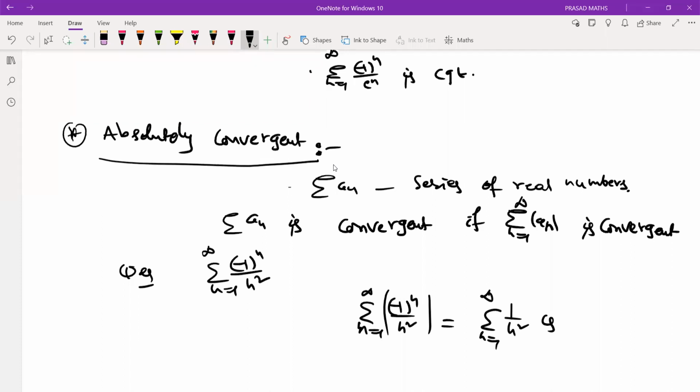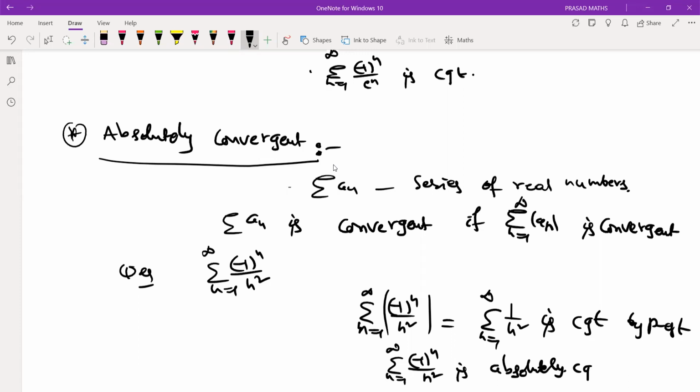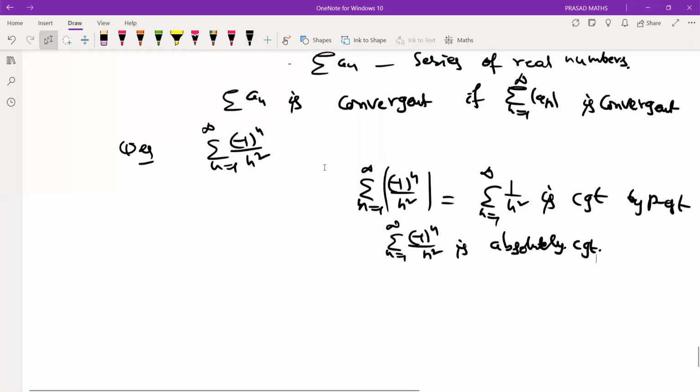By p test, it is convergent. Therefore, since the sum of the modulus series is convergent, your original series is absolutely convergent.